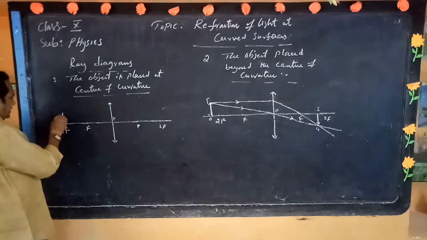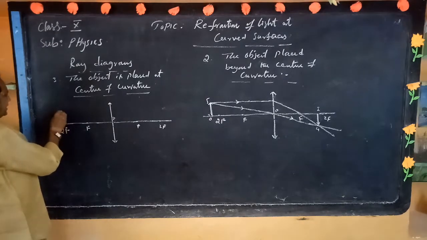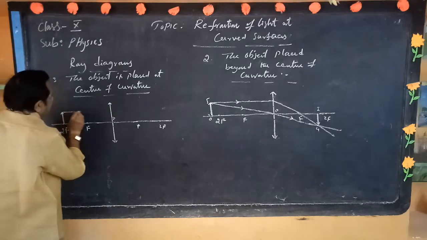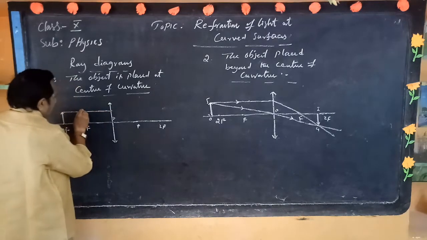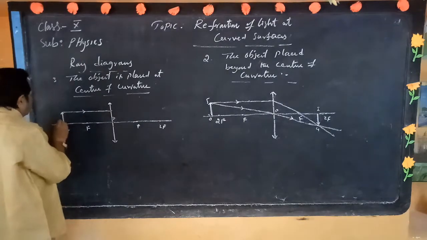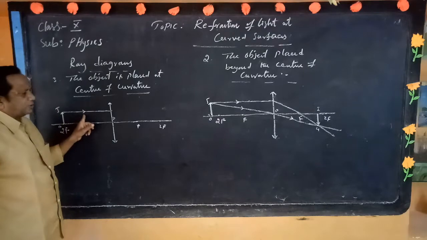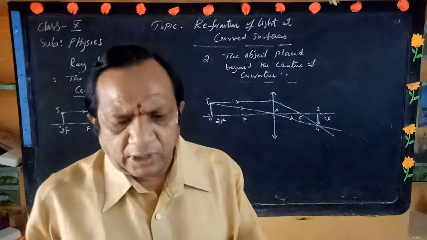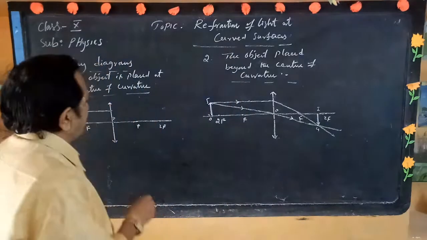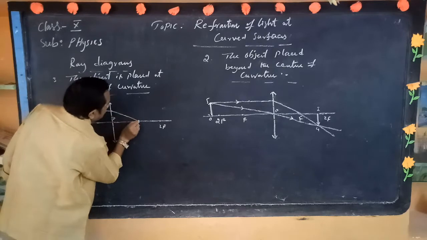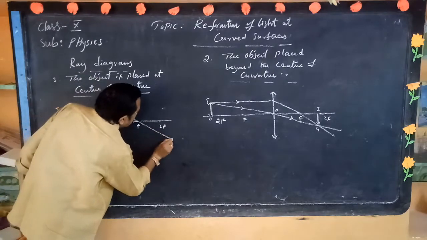Now the object is placed here, at the center of curvature. What is the condition? The first ray passes from the top of the object and passes through the focus, like this.